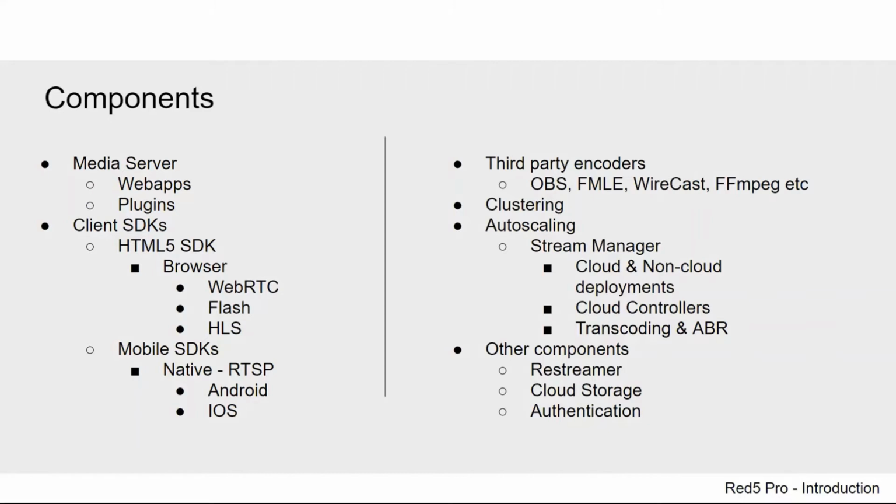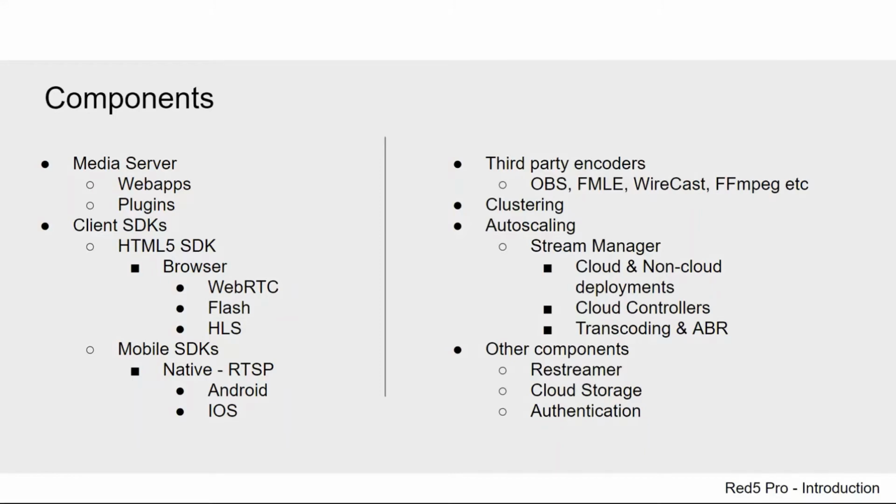This is where clustering comes in. You would typically chain multiple Red5 Pro instances together, and these instances will bear separate roles, such as the origin and the edge. The origin is the one where the publishers will connect, and the edges are where the subscribers will connect.